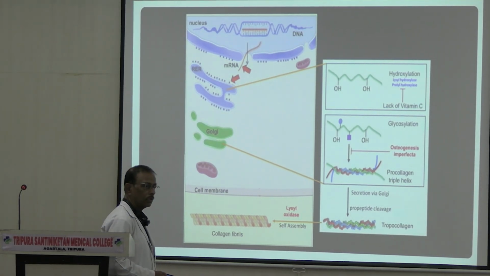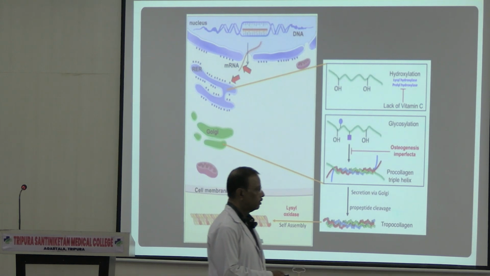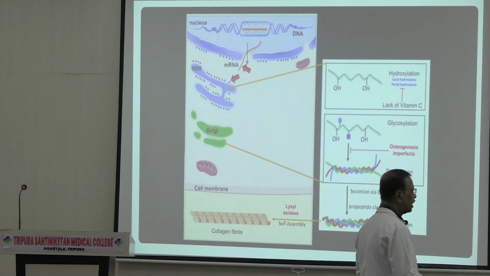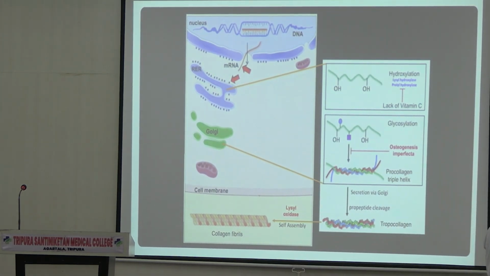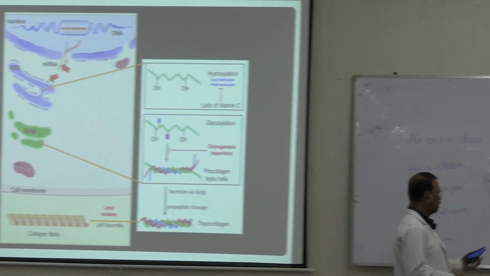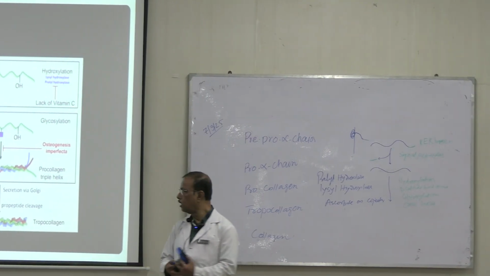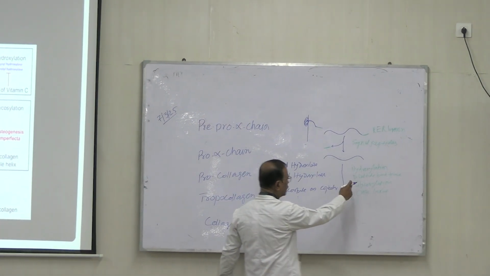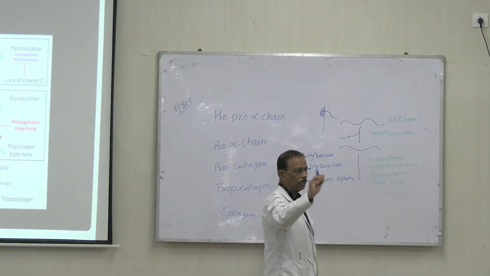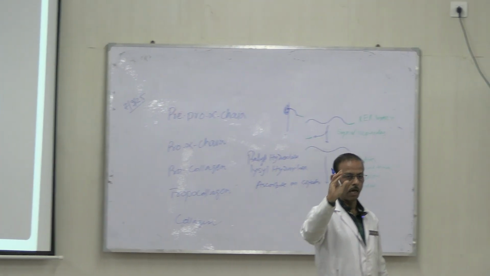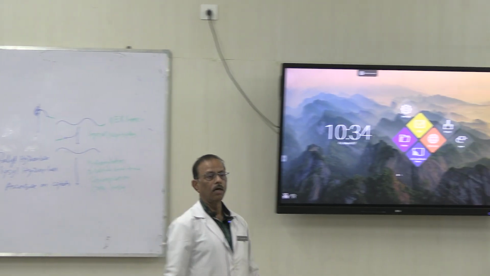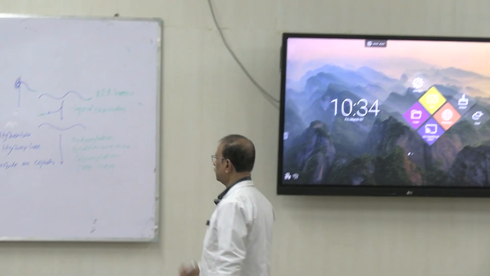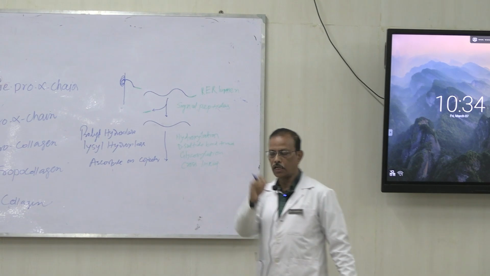So in the lumen there is hydroxylation and disulfide bond formation. So the pro-collagen, once there is hydroxylation and disulfide bond formation, the three alpha chains come together and form a triple helix.